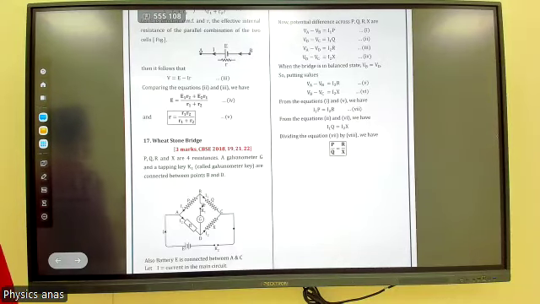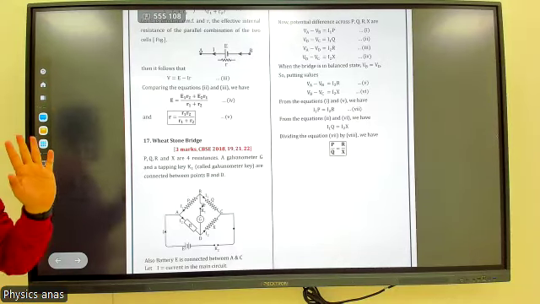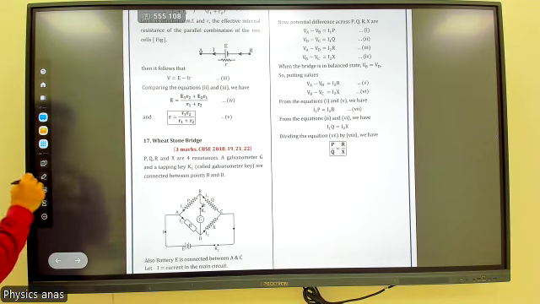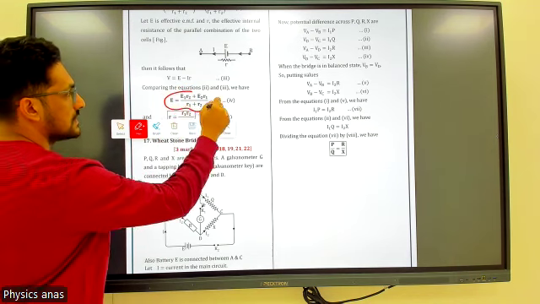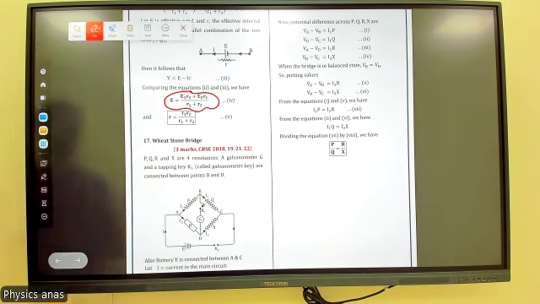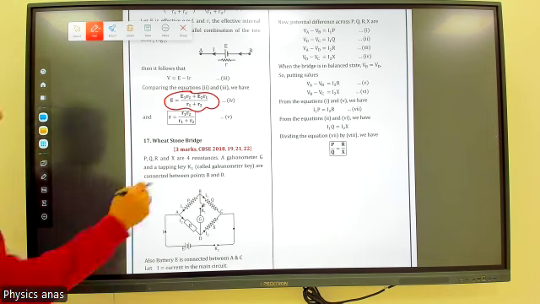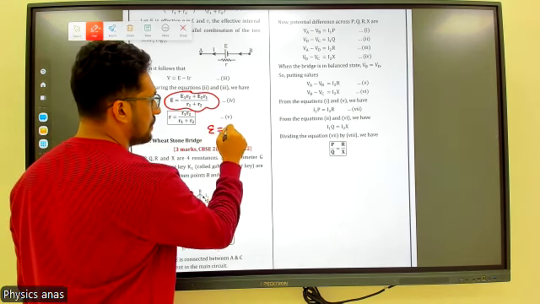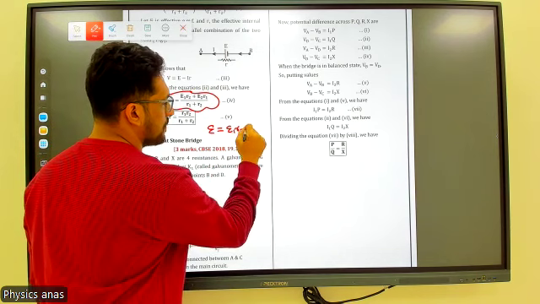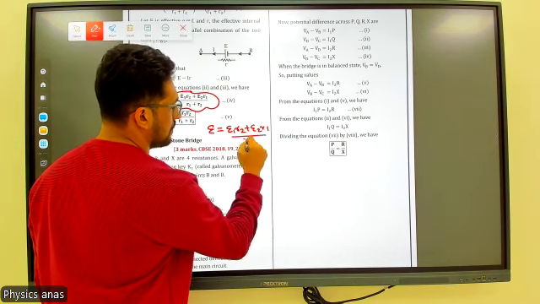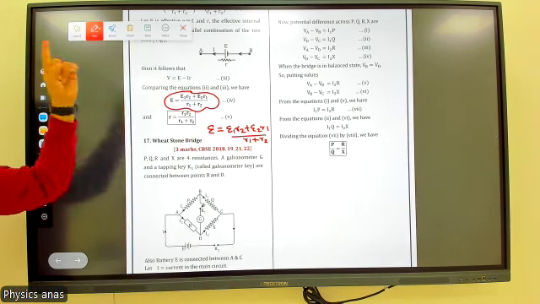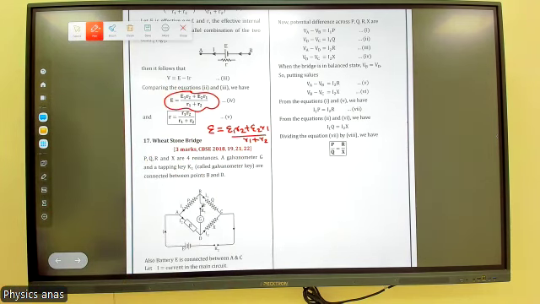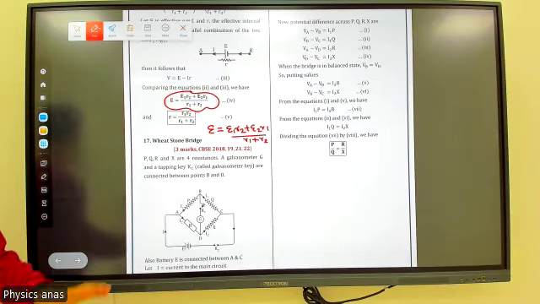The combined EMF will be E1 R2 plus E2 R1 divided by R1 plus R2. This is when the cells are connected in parallel. Understood?